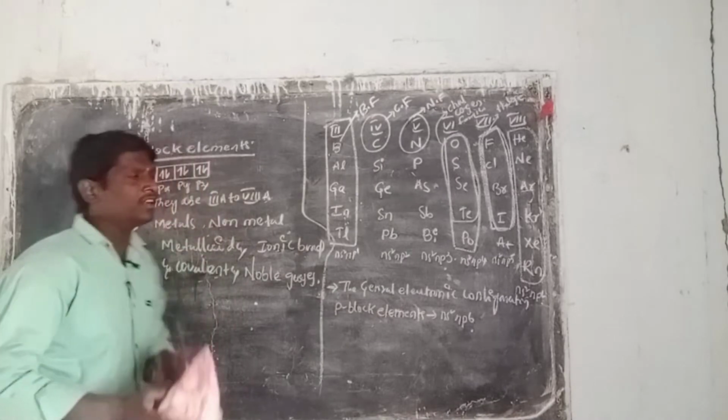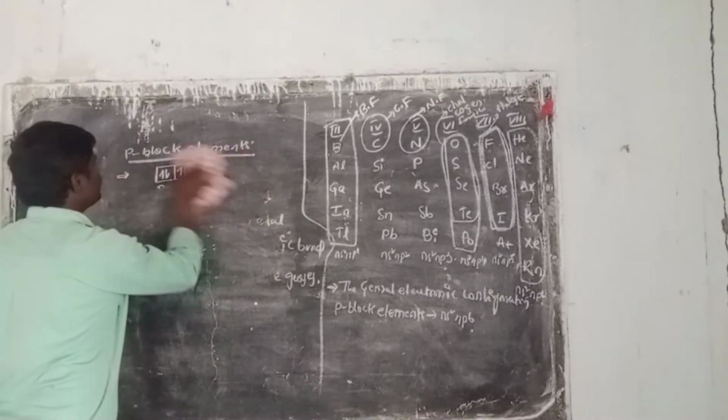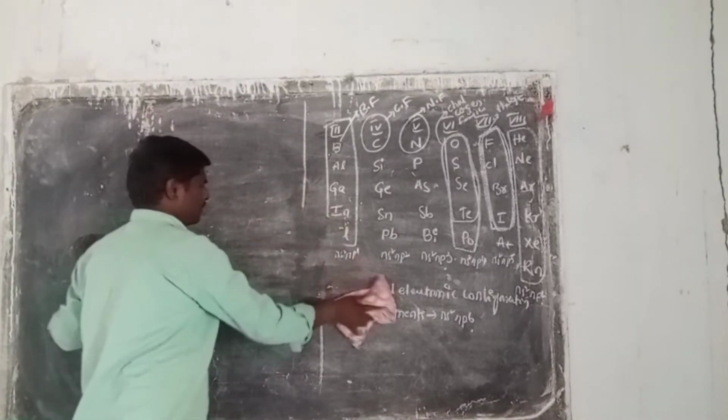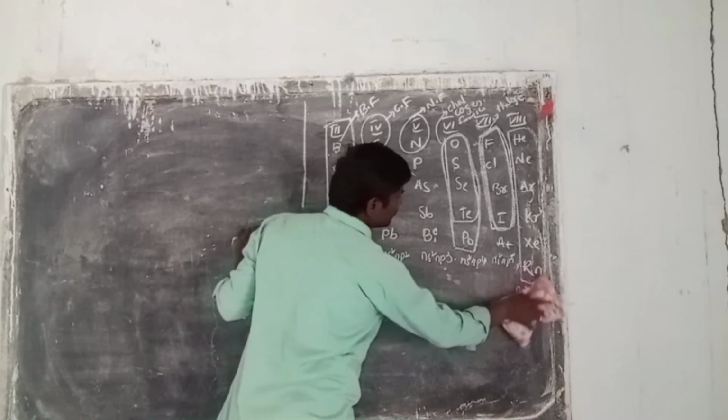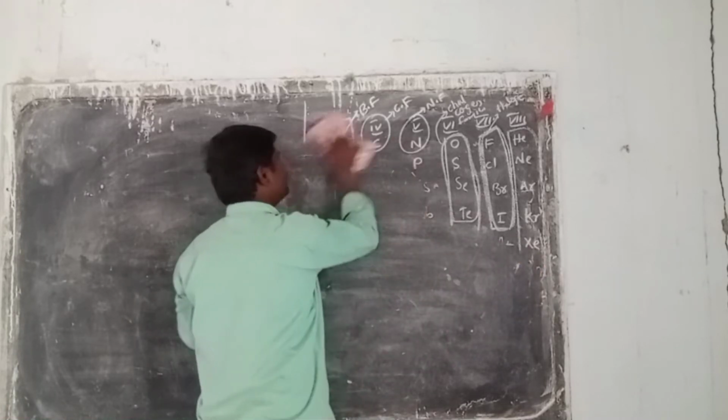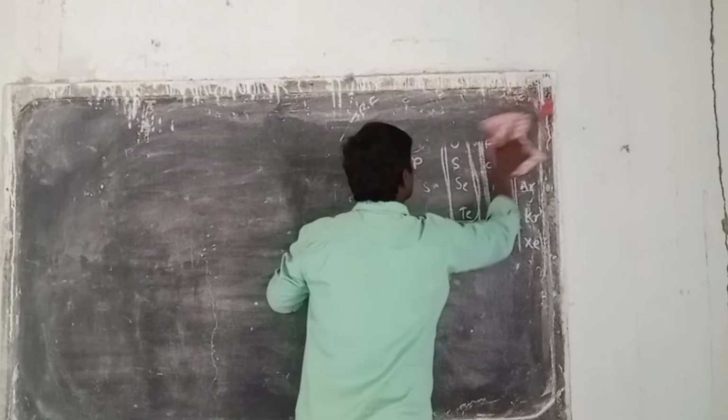Then we talk about the d block elements. What is meant by d block elements? What series are present in the d block elements? This is the next topic.